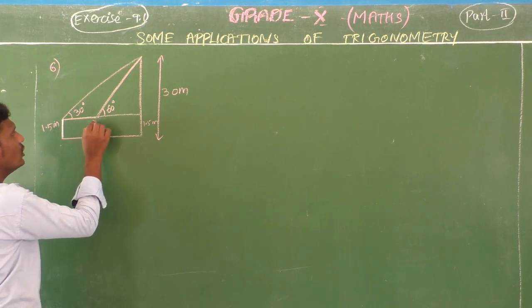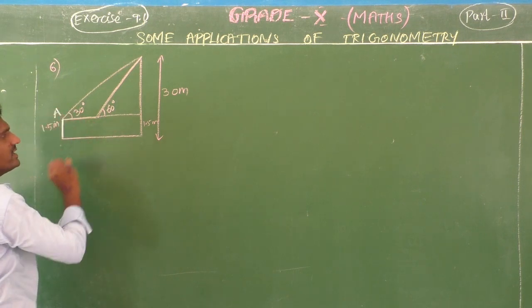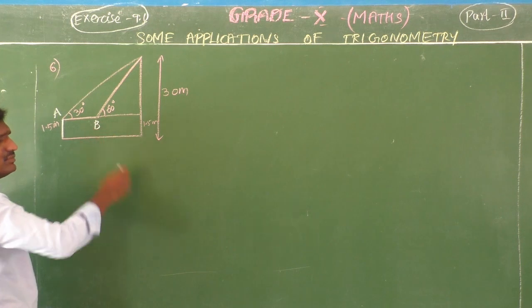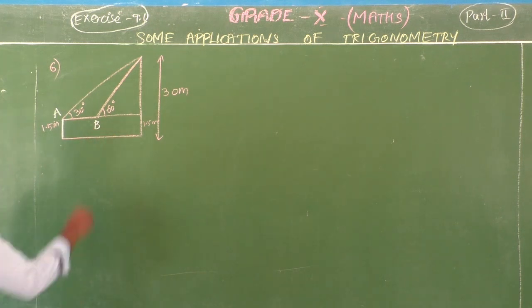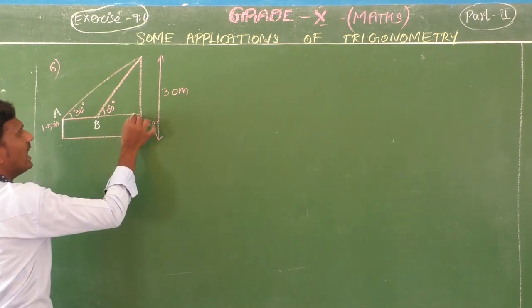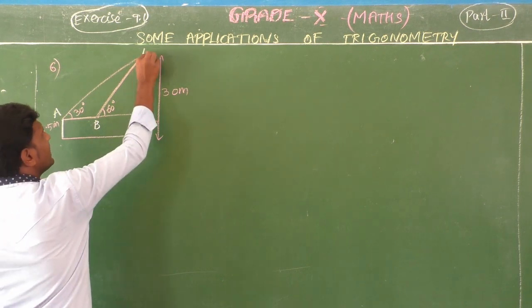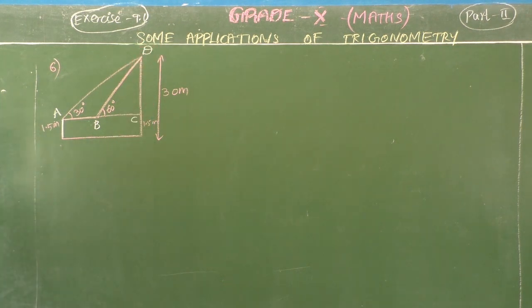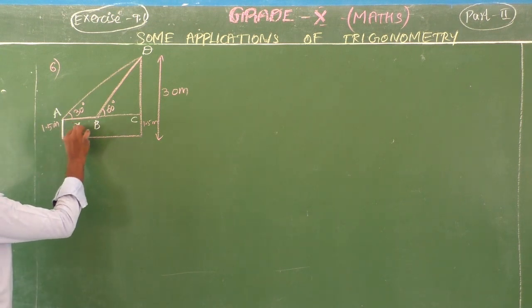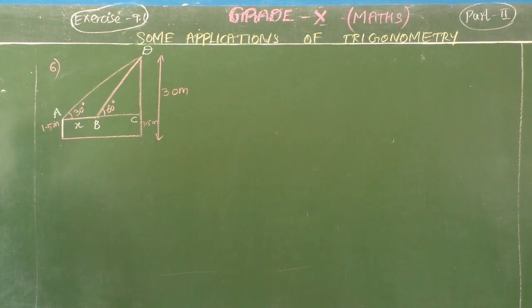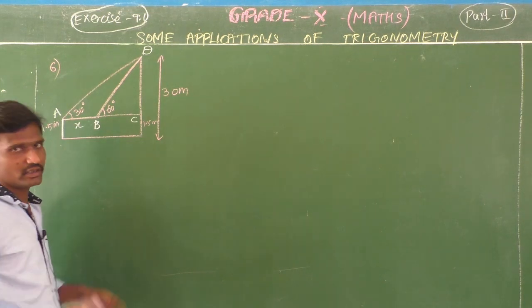The initial point is A, and that point where he stops is B, the foot of the tall building is C, and the point of observation is D. Now we are going to find the distance AB.